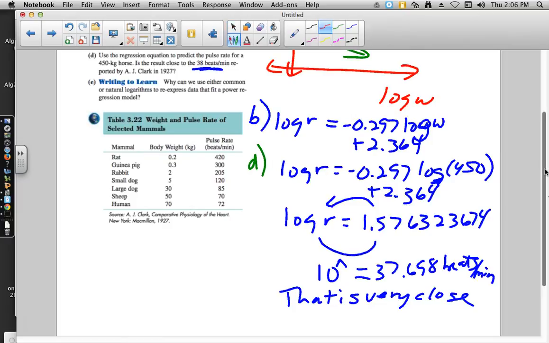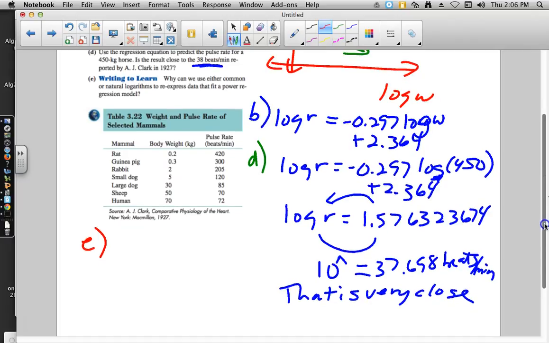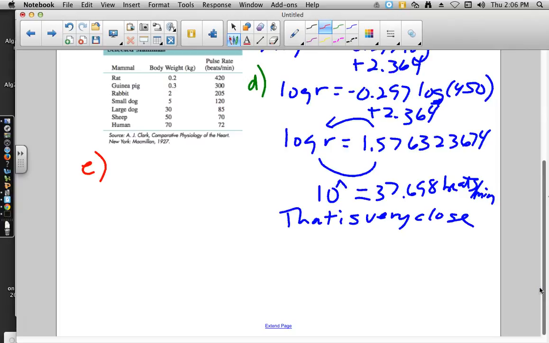And then E says, why can we use either common logarithm or natural logarithms to re-express data that fit a power regression model? So let me try to get through this so that you'll see why this works. We had y equals a times x to the b.